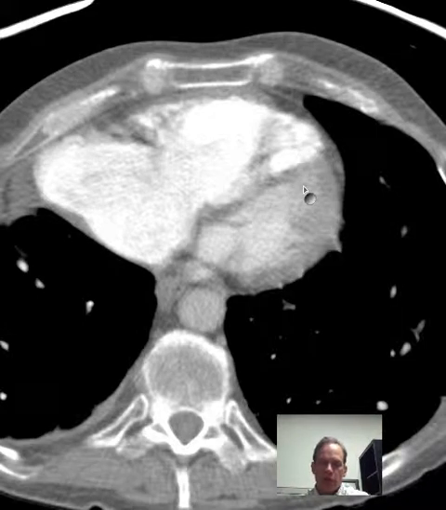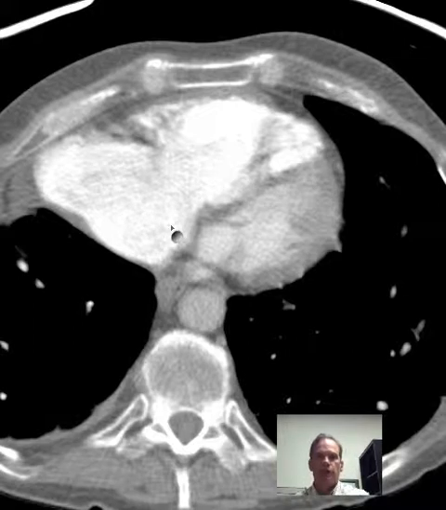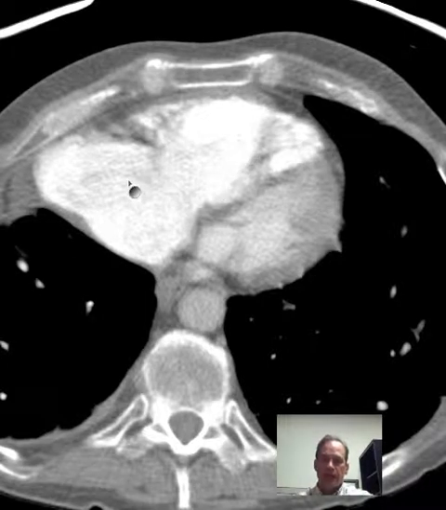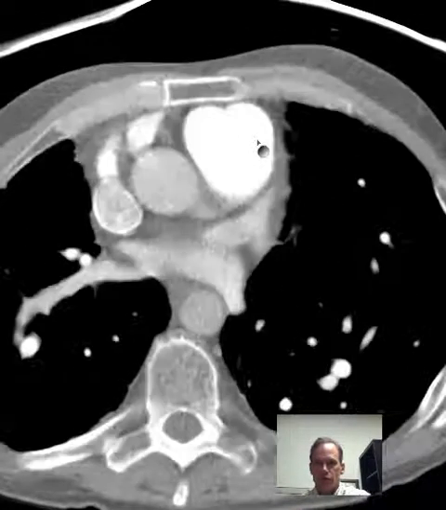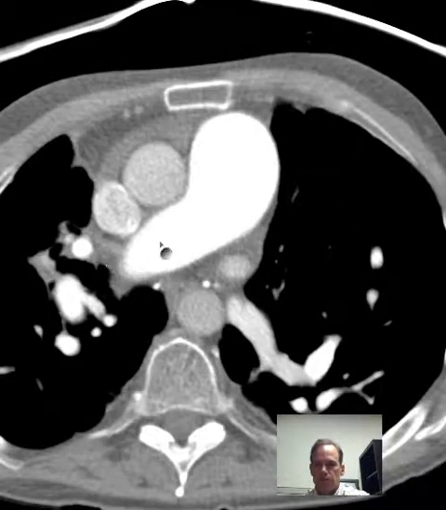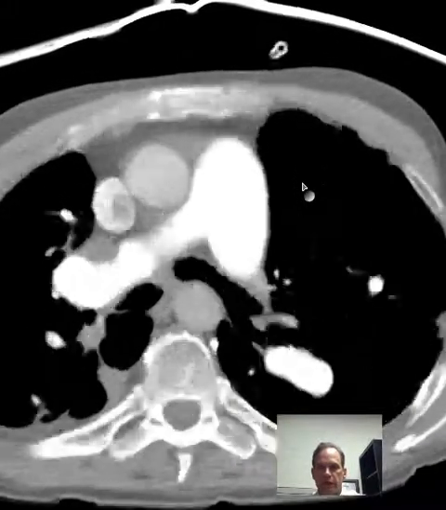So this is a reminder of the anatomy in axial plane, showing you that the right atrium in this patient is quite large. Why? Well, the patient has pulmonary arterial hypertension, and the heart is struggling to empty out the contents of the right ventricle through this highly resistive pulmonary arterial bed.